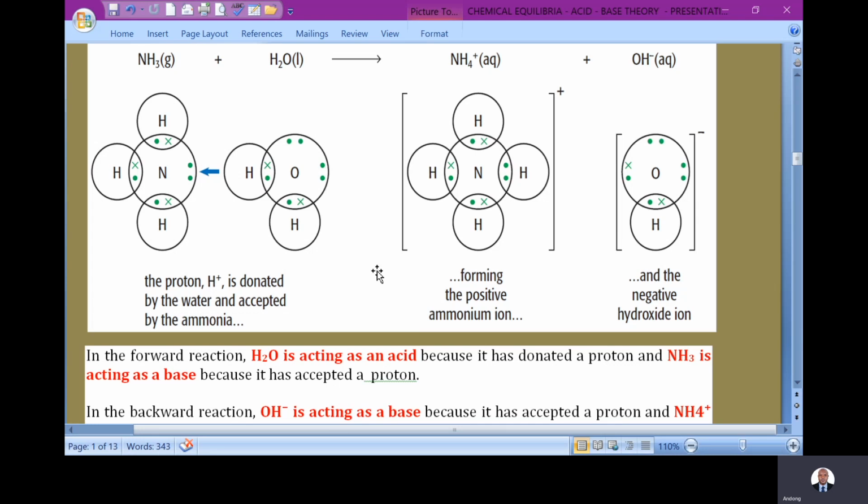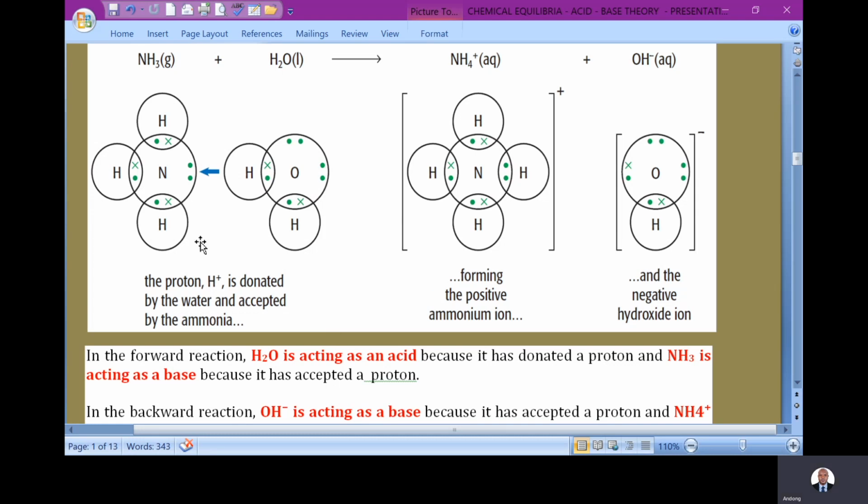A conjugate base is that substance that is left after the acid must have given out the proton. If water has given out a proton to ammonia, what is left here is a hydroxide ion. And automatically we consider the hydroxide ion to be the conjugate base of water.